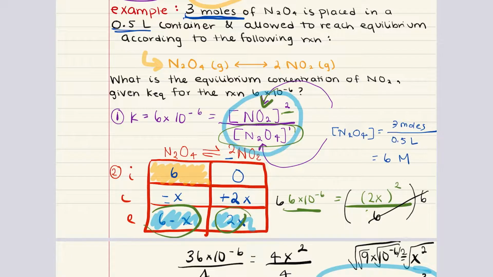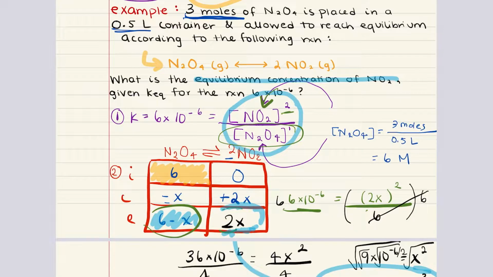And our goal is to figure out the equilibrium concentration of nitrogen dioxide. Now that we know X, we can plug it back into our equilibrium term for nitrogen dioxide. And our equilibrium term for nitrogen dioxide is 2x.